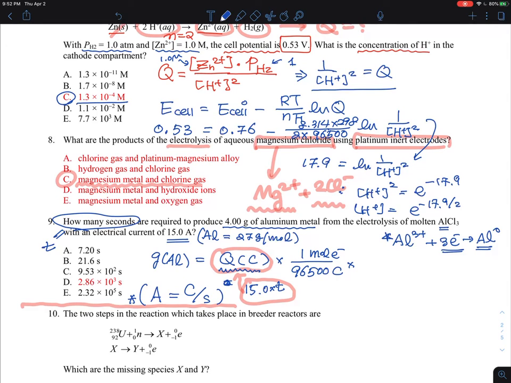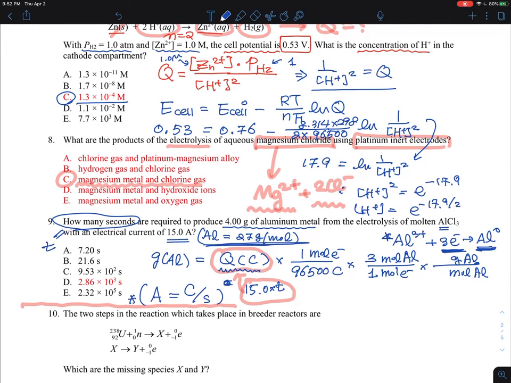And then the moles. What do I do? Mole of electrons, mole of aluminum. That's something you learn in unit conversion. And what's the ratio? 3 moles of electrons to 1 mole of aluminum. And then the moles of aluminum to the grams of aluminum. Where do I find it?